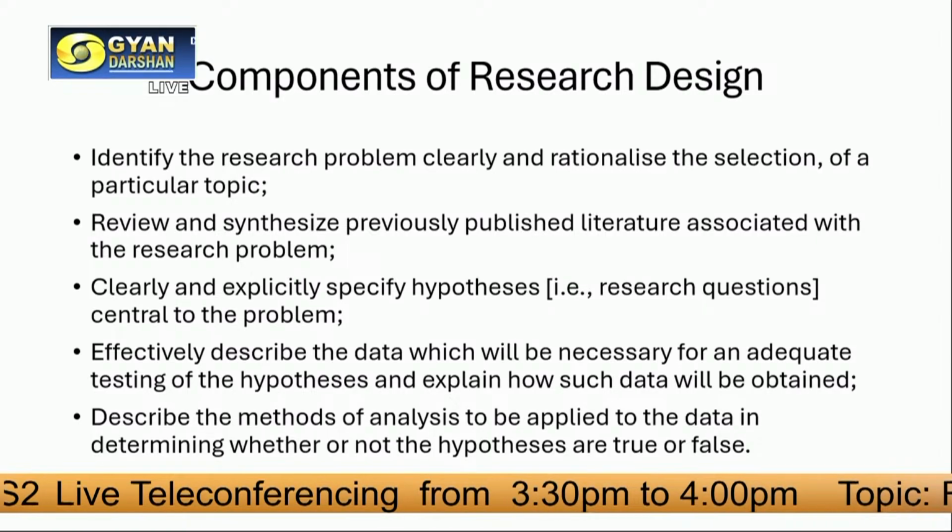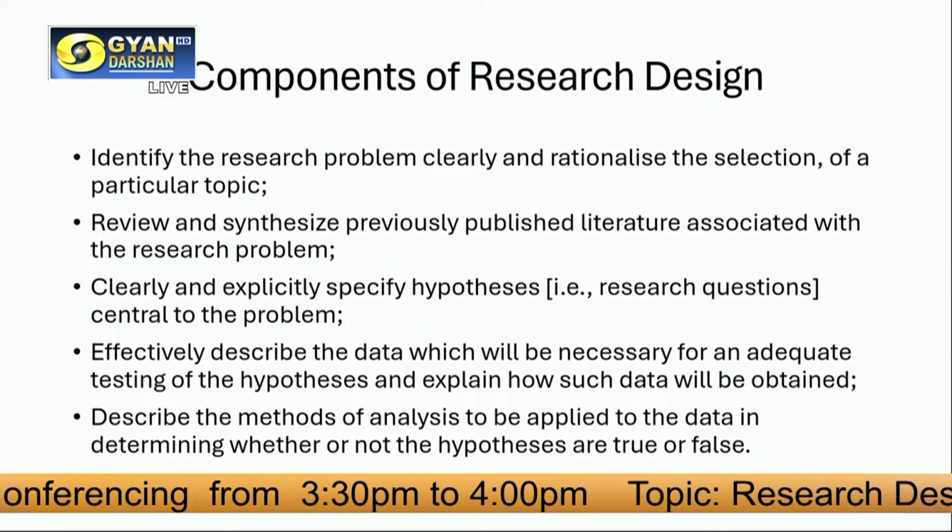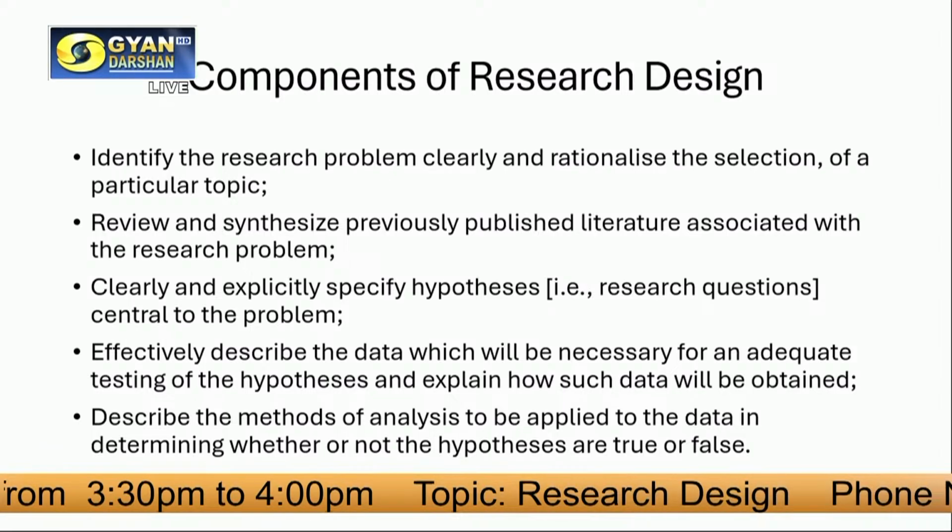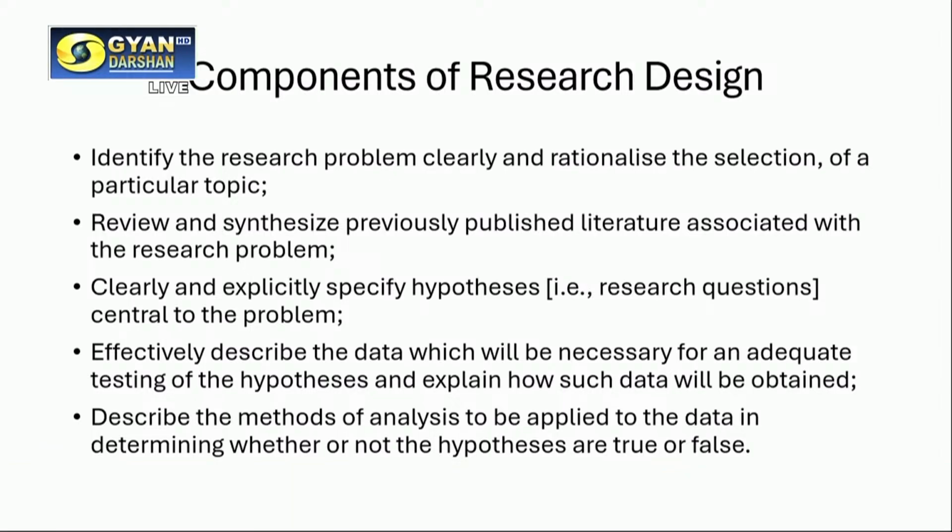Then comes identification of appropriate tools of data collection and tools for data analysis, then interpretation of results and discussion. So these are the different steps which need to be followed while designing any kind of research or project proposal. So what are the key components of a research design? A research design must have these components.